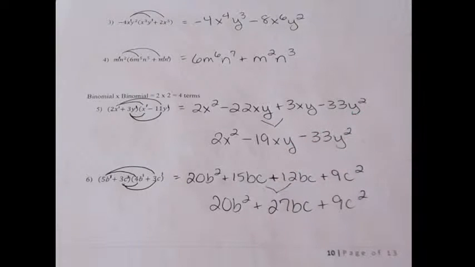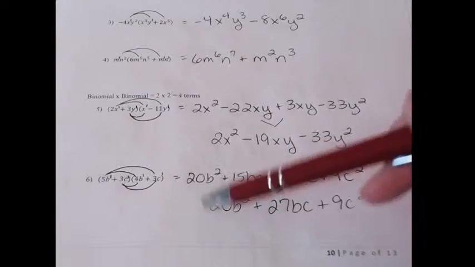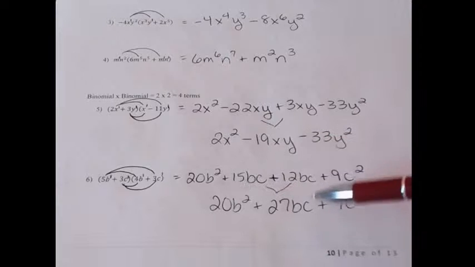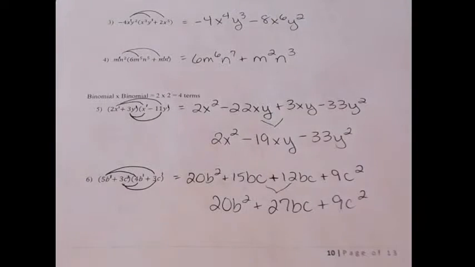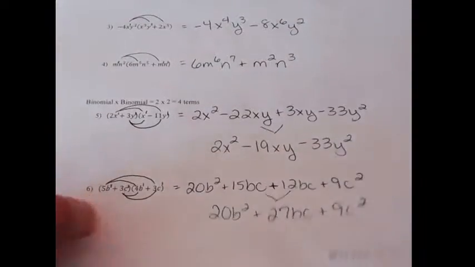So essentially then you look at alphabetical order. This one has b, so that definitely comes first. This one has bc, so this one comes next, and this one just has c, so that comes last. If you want to get in the habit of writing in this form, that'll be helpful, but you'll never get points taken off just because you place the 9c in front of the 27bc. Just something to think about.